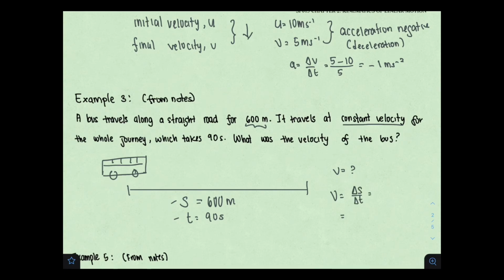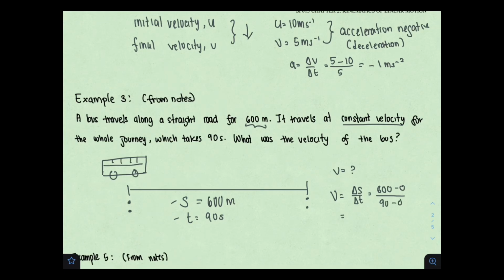Delta S adalah final displacement minus initial, iaitu awal-awal dekat sini awak belum start, tak ada perjalanan lagi, kosong. Bila awak sampai sini 600 meter, so 600 tolak dengan kosong divided by time taken. At the initial point sini T kita adalah kosong. Bila awak sampai sini, the whole journey take 90 seconds. So 90 tolak dengan kosong.